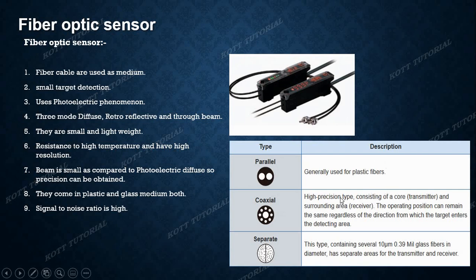Coaxial type is used for very high precision, very rarely used. Now when we have this type of separated fiber optic sensor, it is nothing but a glass sensor. So the difference between the plastic fiber and the glass sensor is a manufacturing difference.